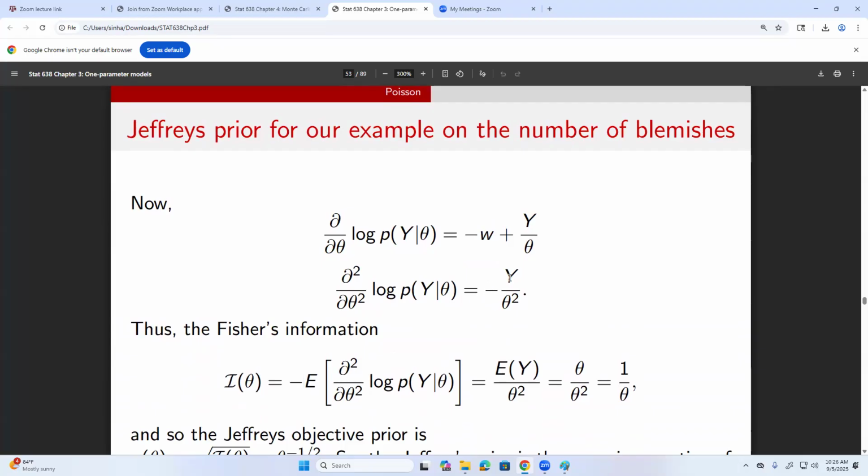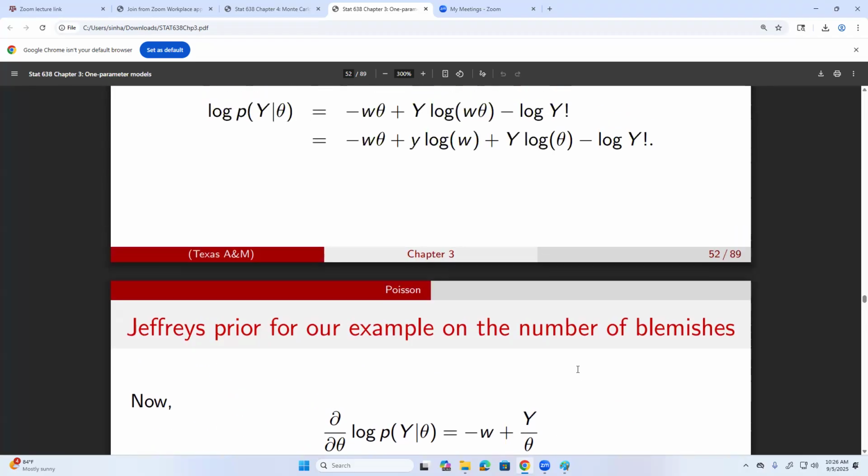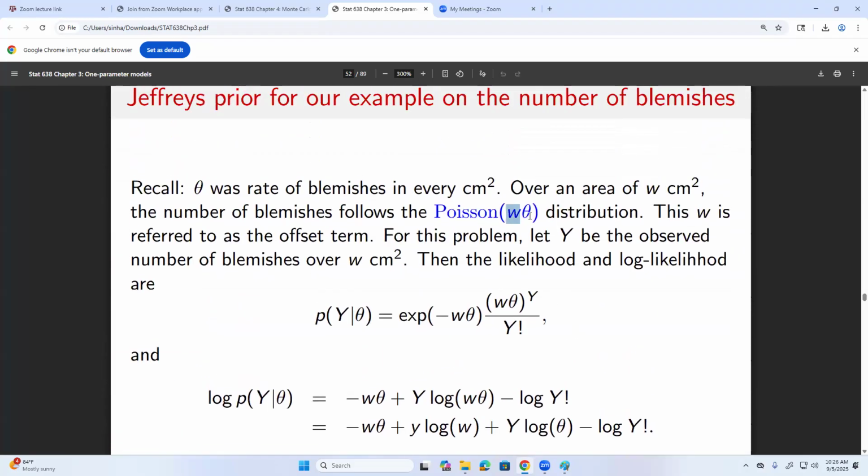So you take expectation of this guy, Y, right? That is the random variable. You take expectation on the random variable. Theta is the unknown parameter, but in the expectation calculation, theta is treated as a constant, so it will come outside. Expectation is on the random variable. And expectation of Y, I made a typo, remember, for this problem, it is W theta.